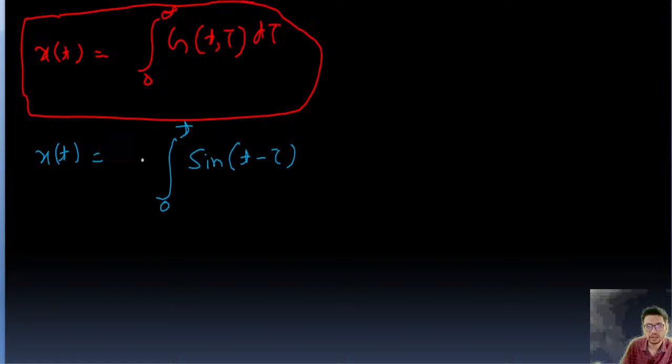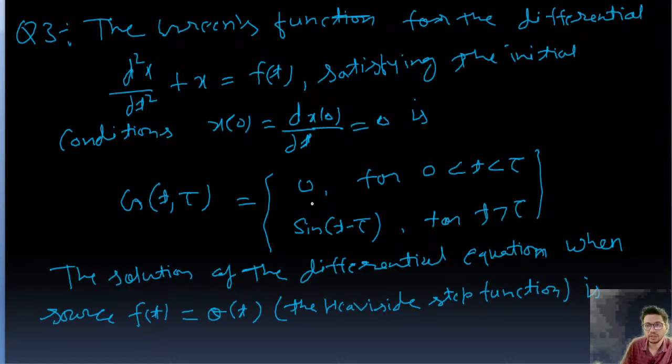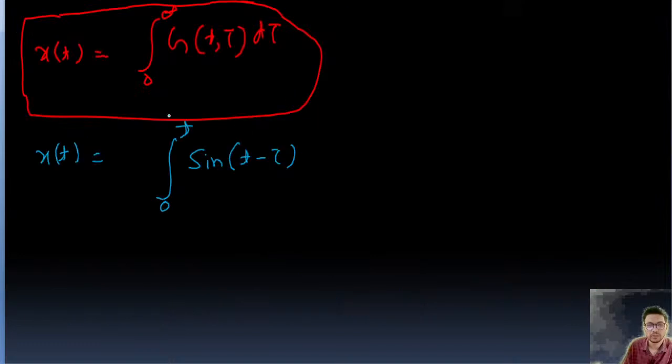Okay, so here the limit is going to be 0 to t, right? So integral from 0 to t of sin(t minus tau) d tau. Okay, now we'll solve it.